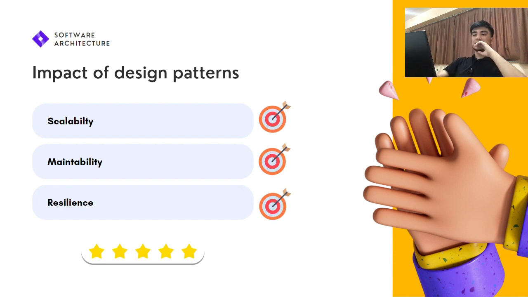So now let us talk about the circuit breaker pattern and how it affects our system. Firstly, we'll also start with scalability. The circuit breaker pattern helps our system handle more users and requests without crashing. So when a service starts responding slowly or returning errors, the circuit breaker steps in to temporarily stop sending requests to that problematic service.